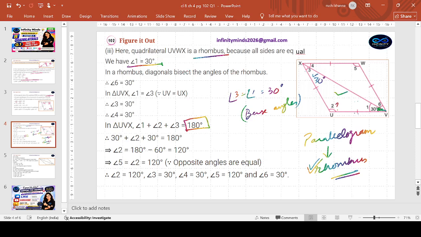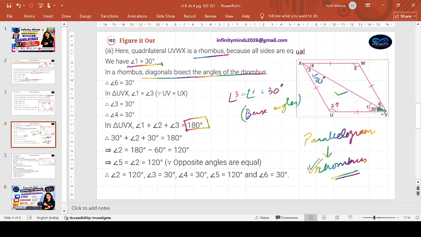Another way is if we use one of the properties of diagonals of a rhombus, that in a rhombus, diagonals bisect the angles. Okay, what does it mean? That a diagonal of a rhombus bisects its own angles which are at its end points. It bisects its own corner angles, opposite angles. A diagonal is nothing else but the joining of opposite vertices.